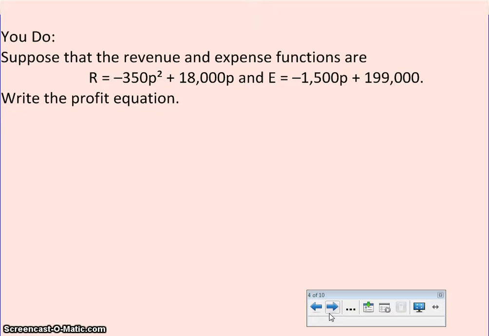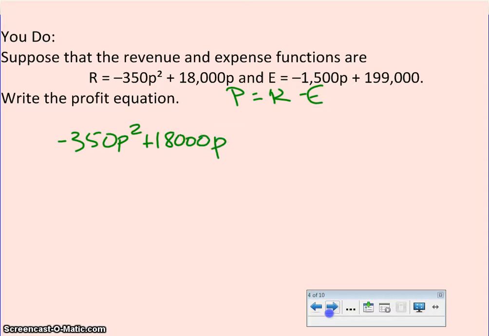Okay, again, our profit equals our revenue minus our expense. So revenue, I've got negative 350p squared plus 18,000p minus a negative 1,500p plus 199,000.